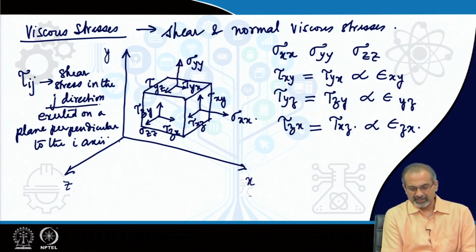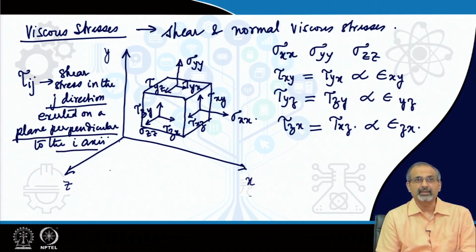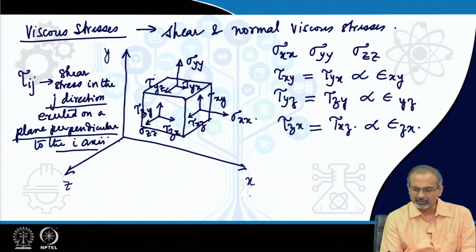So, we have a j direction and a plane perpendicular to the i axis. So, looking at that definition, if you pick up any one of the shear stresses, let us say tau xz.